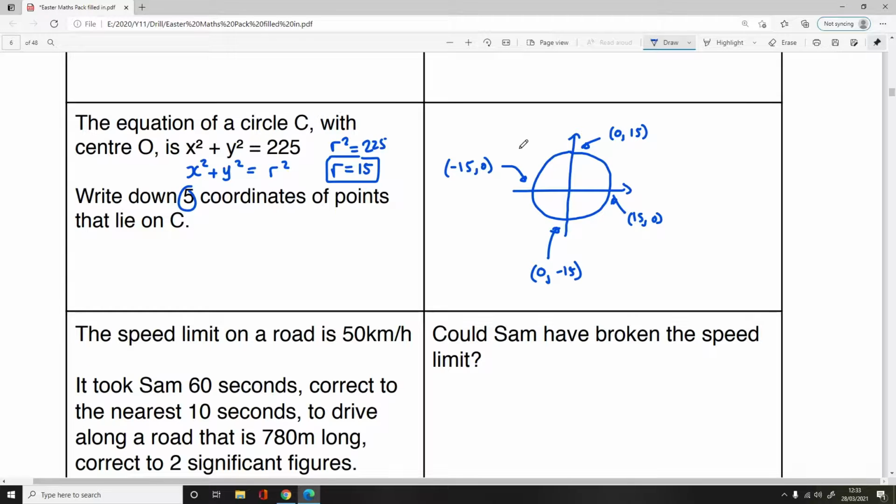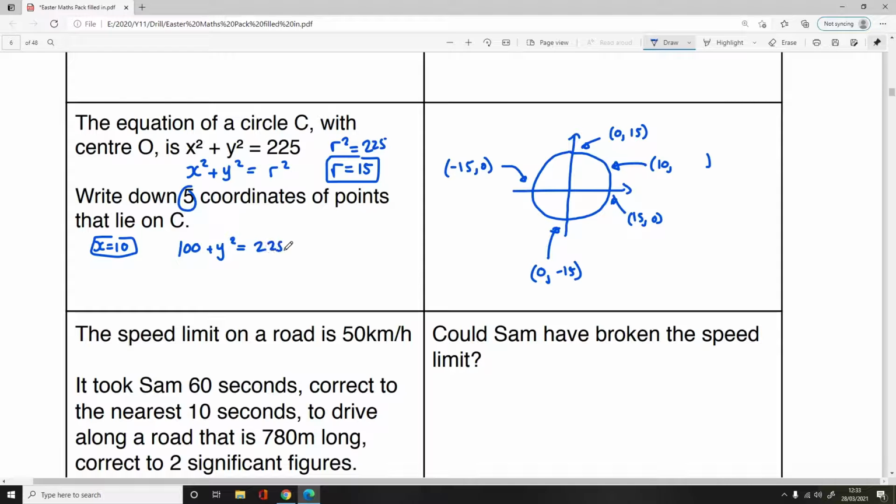Or how do you generally find a coordinate of a circle? You find it by subbing a value in. So let's just say I'm going to find a point that's like 10, comma something. So I'm saying x equals 10. And what I can do is substitute that into the equation. So x squared is 100. Y squared I don't know.